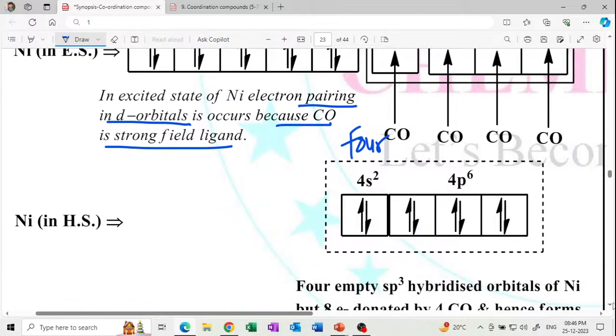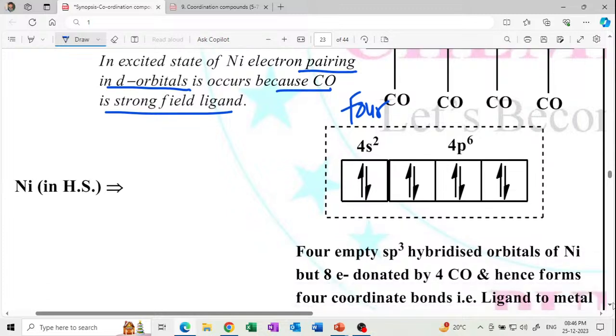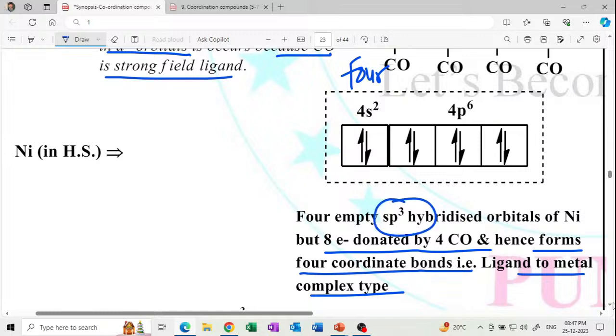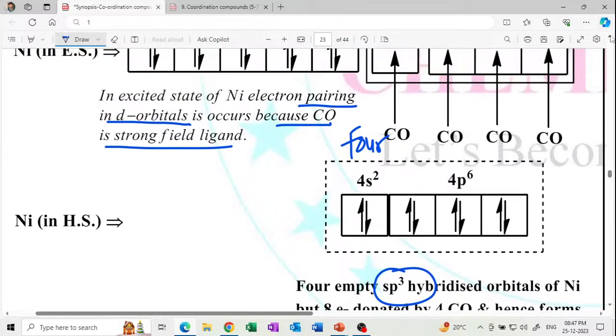And then in the hybridized state, these are 4 empty sp3 hybrid orbitals of nickel, and 8 electrons are donated by the CO, and hence form 4 coordinate bonds, that is, ligand to metal complex type. So the type of hybridization is sp3.